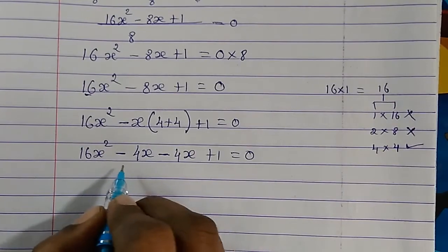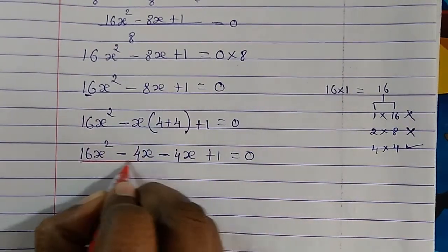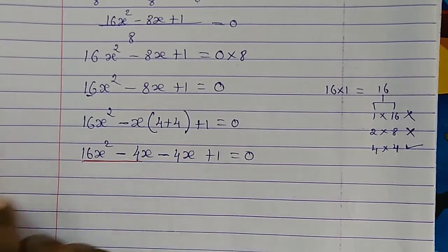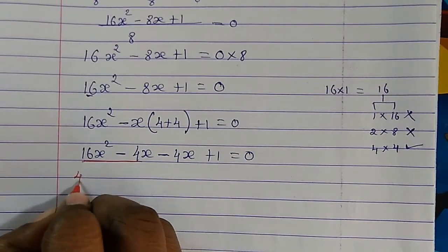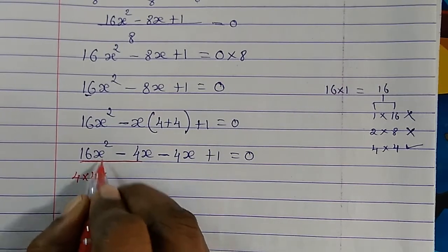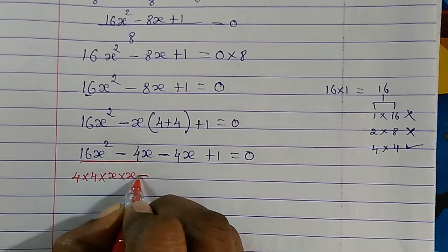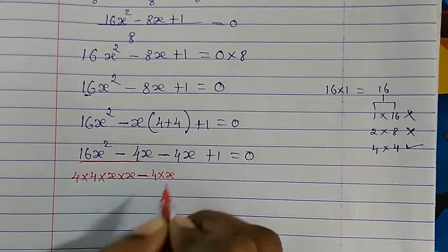Now I told you we have to take common out of each pair. How will we take it out? 16 can be written as 4 into 4. Then x square can be written as x into x. Now minus 4 into x.